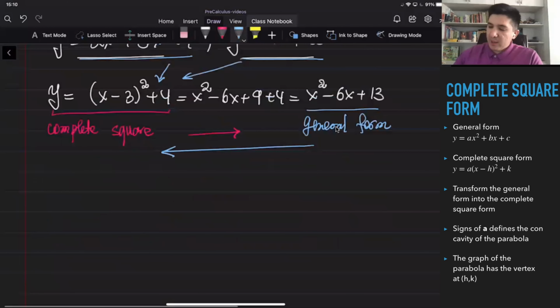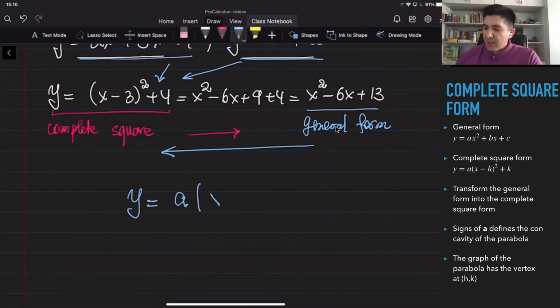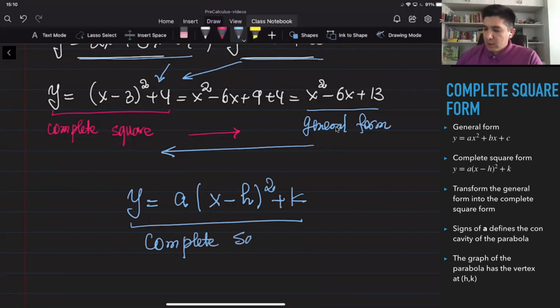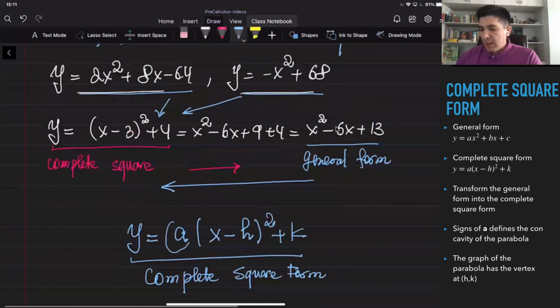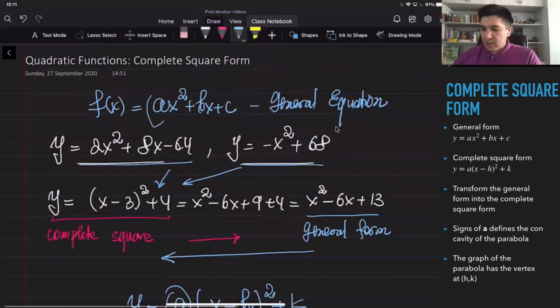We said that a quadratic function in the form y equals a times (x minus h) squared plus k is the complete square form. Please note that this a here is the same as this one.